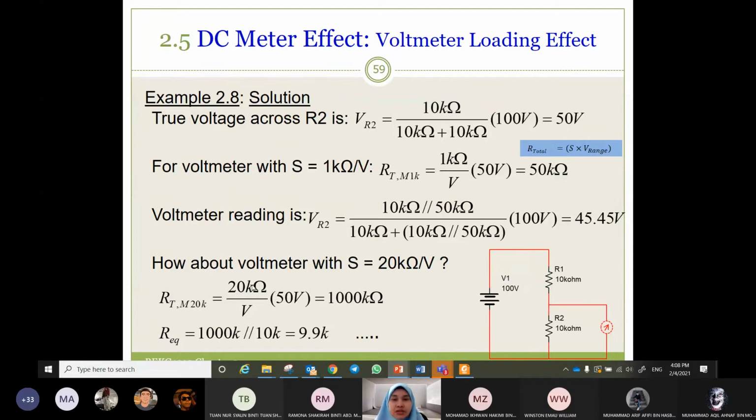In your calculation, do not include the unit. Do not include ohm, V, and V here. Just put the kilo, milli, and so on. So we get 1 mega ohm.